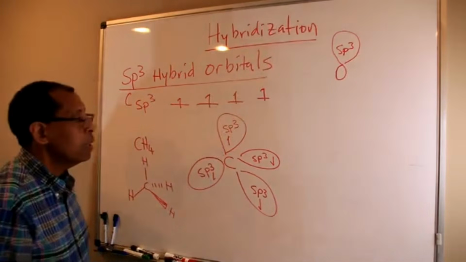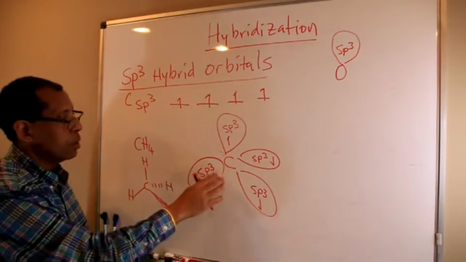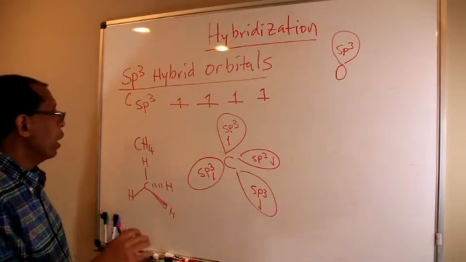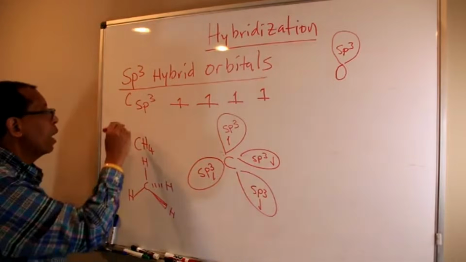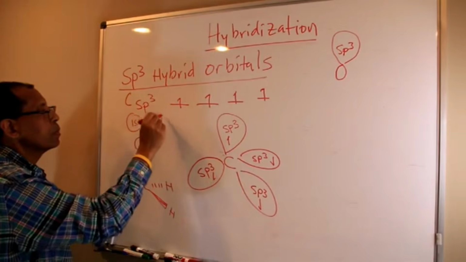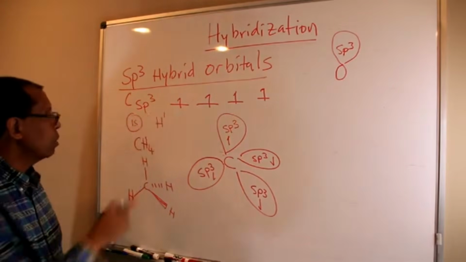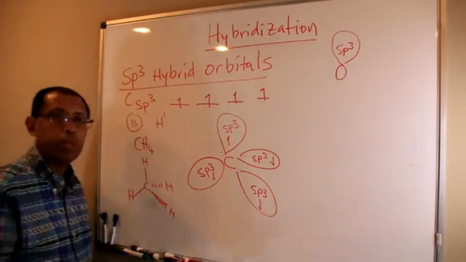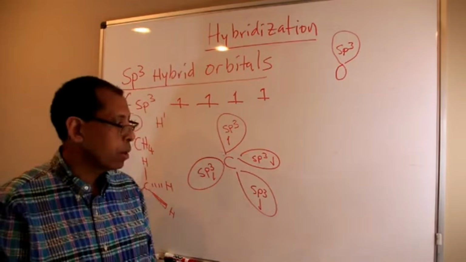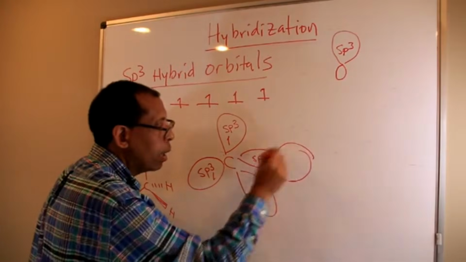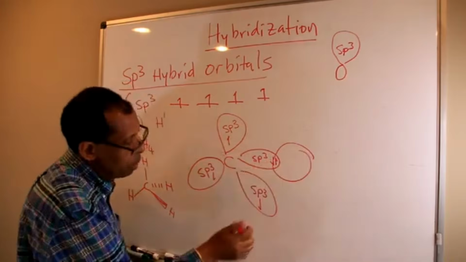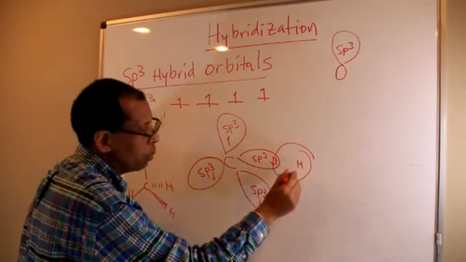Now, if we were to make the compound, this is just a carbon with its hybrid orbitals. We can bring now the 1s of the hydrogen with 1 electron. So it is spherical in shape. The s orbital is spherical. So it can come like this with 1 electron paired up. This is hydrogen 1s.